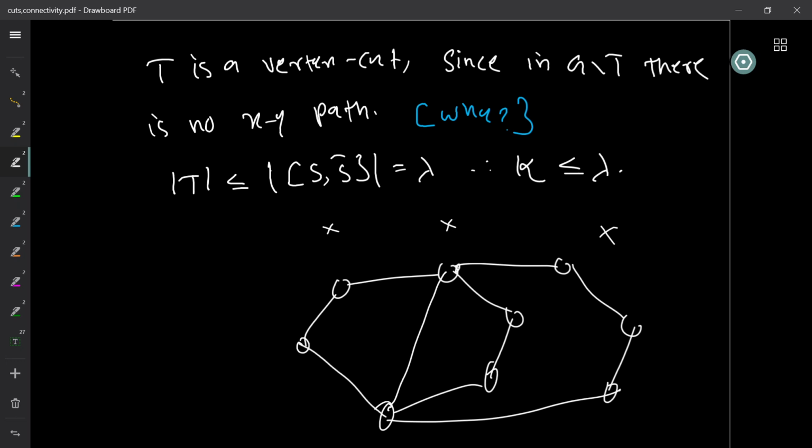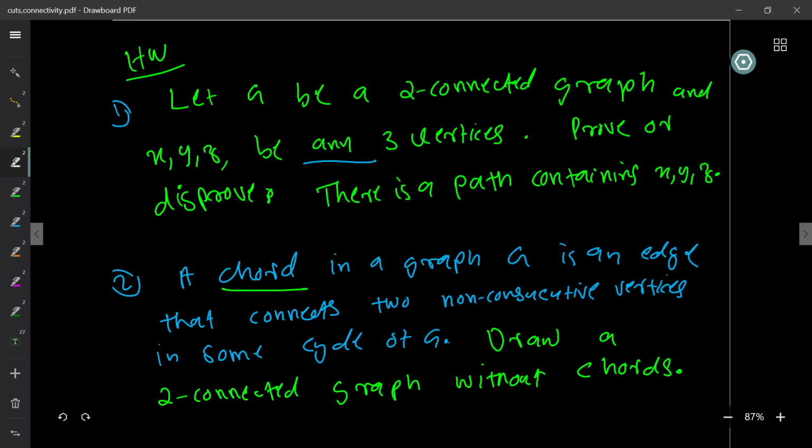This edge is a chord because it connects two non-consecutive vertices of this cycle. But these edges are not chords, even though this path connects this big cycle. This edge is a chord because it essentially connects two vertices which are not consecutive on this cycle, and therefore it's called a chord. So a chord is an edge that connects two non-consecutive vertices of some cycle of the graph.